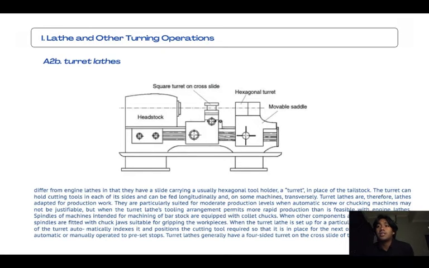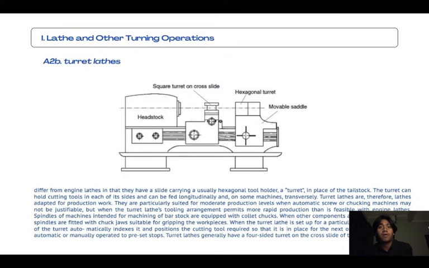The turret lathes are therefore adapted for production work. They are particularly suited for moderate production levels when automatic screw or chucking machines may not be justifiable, because the turret lathe's tooling arrangement permits more rapid production than is feasible with engine lathes.